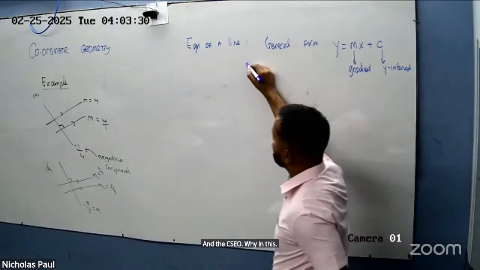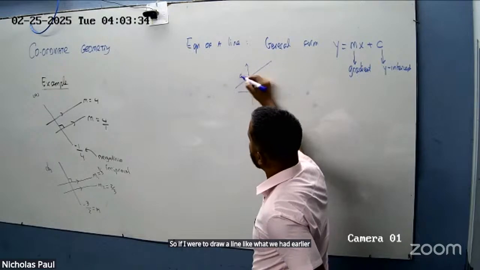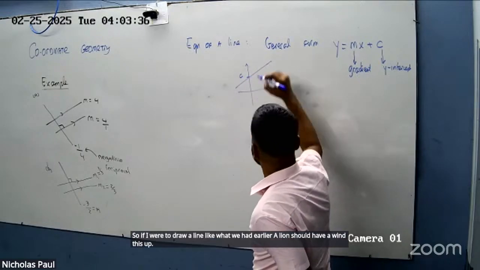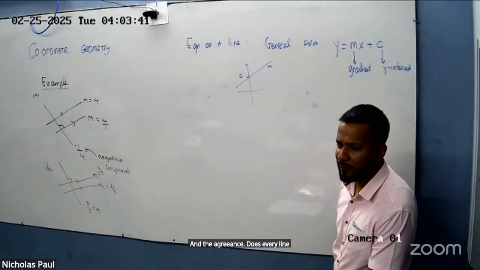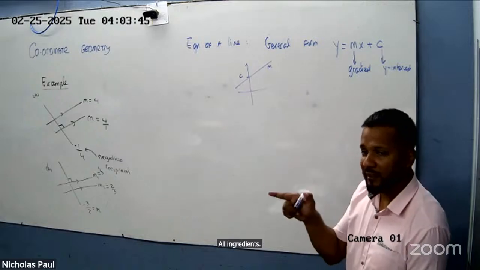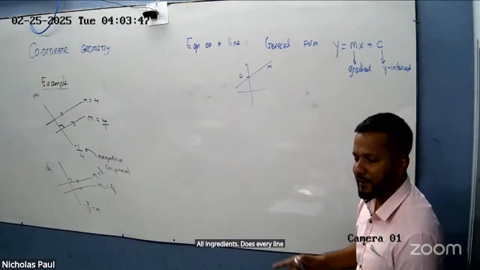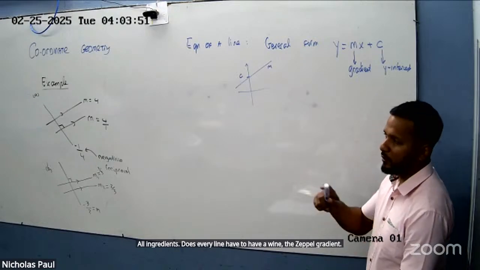So if I were to draw a line, like what we had earlier, a line should have a y-intercept and a gradient. Does every line have to have a y-intercept or gradient? So, okay, let me rephrase it.